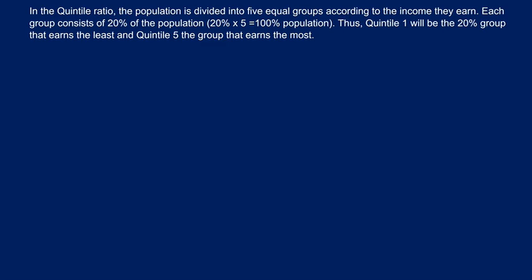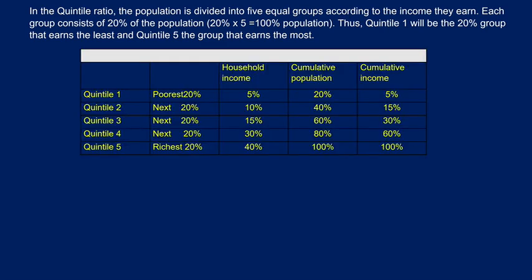So, if you think about it, 20% times 5 is equal to 100%. Thus, quintile 1 will be the 20% group that earns the least, and quintile 5, the group that earns the most. There we have a table showing you the household income, the cumulative population, and the cumulative income.